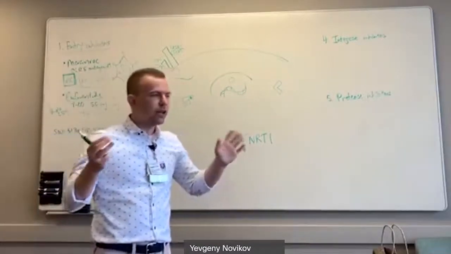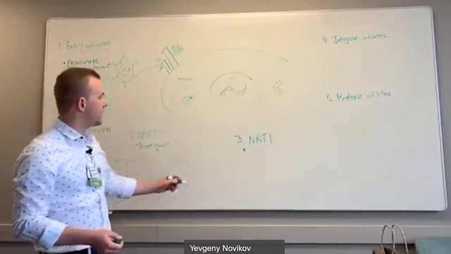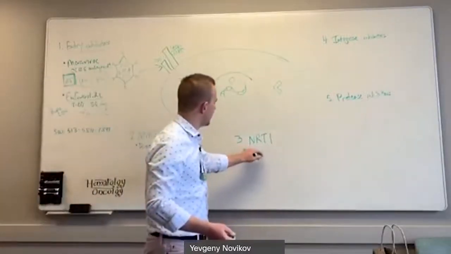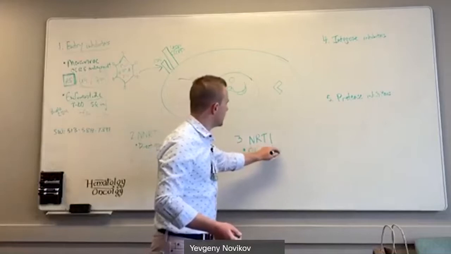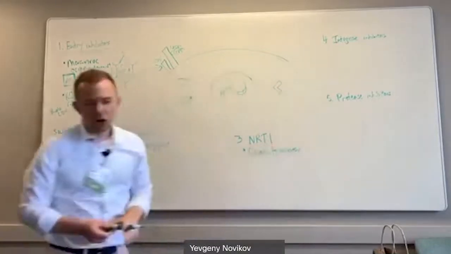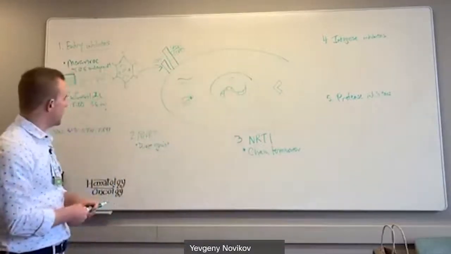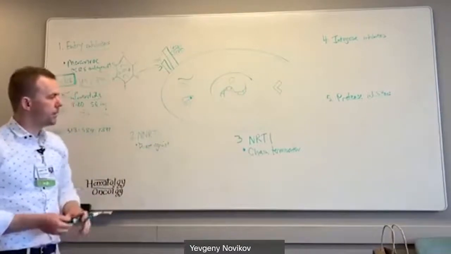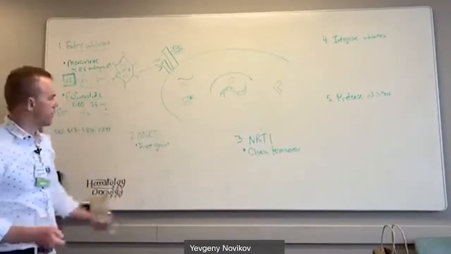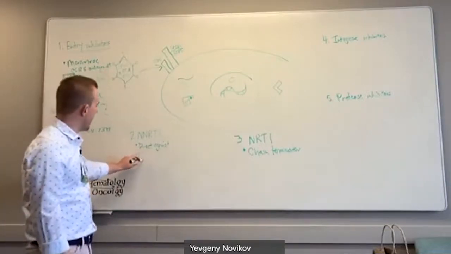It gets frustrated, it shakes, and it falls off, and the DNA strand degrades. So these are chain terminators. So they allow reverse transcriptase to start making the complementary DNA strand, but it doesn't come to completion. This stops them.